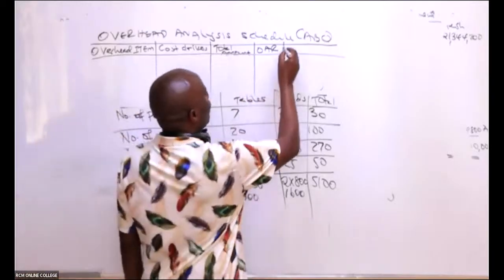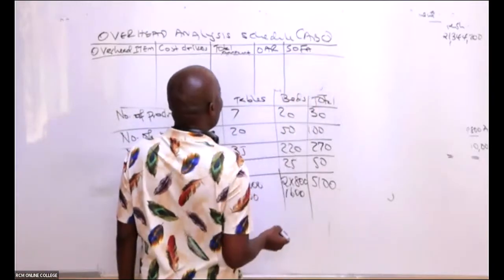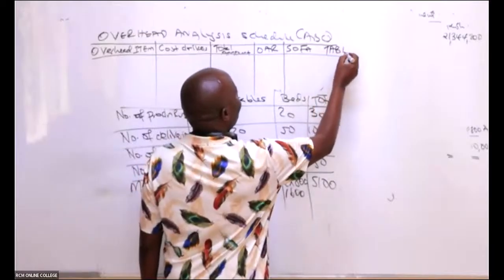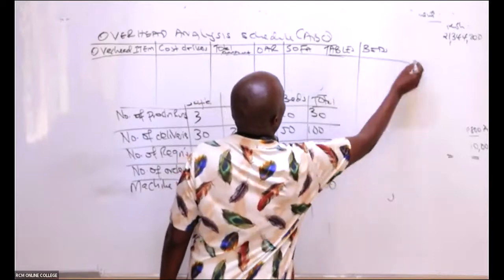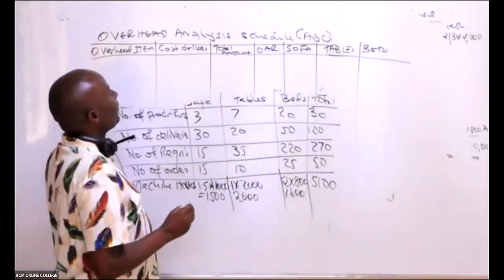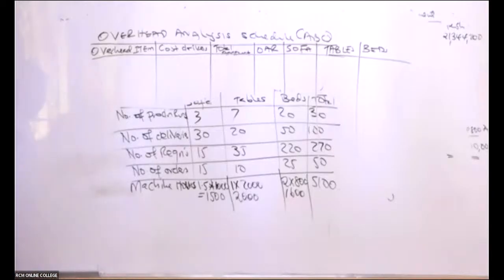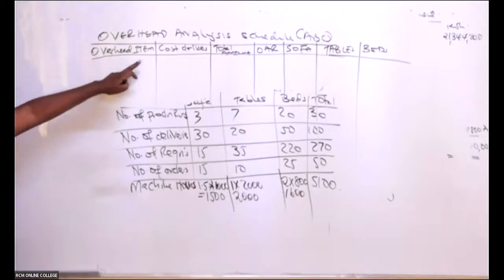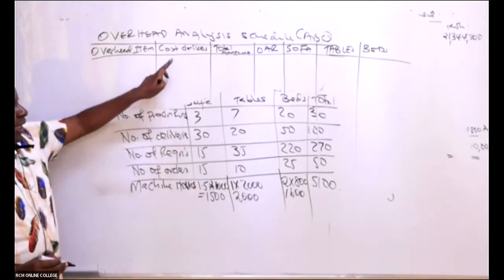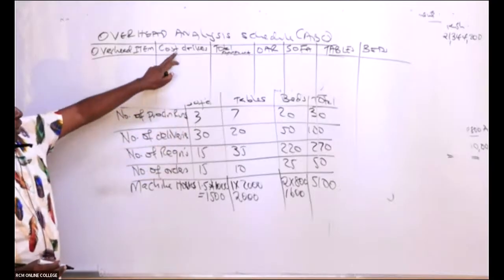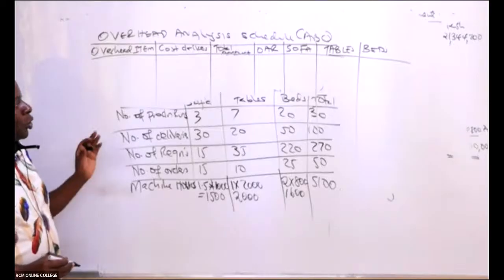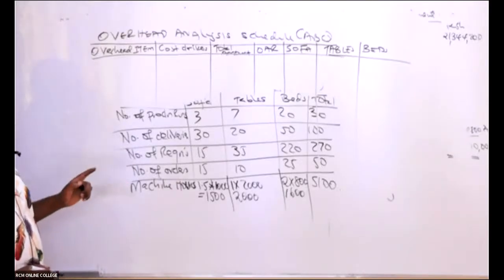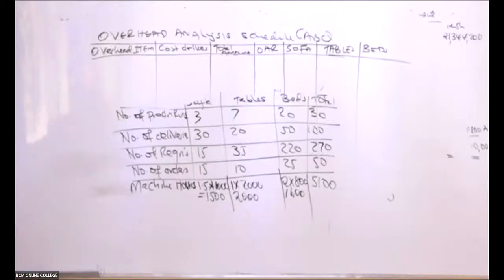So the products, we have so far tables, beds, like that. So for the overhead item, the cost driver to connect this table, it will be very, very important for you to have cost drivers. Total amount, overhead absorption rate, then tables, beds, like that.